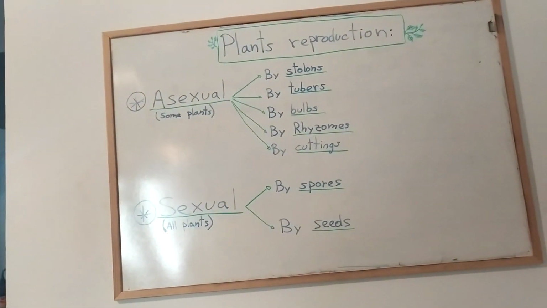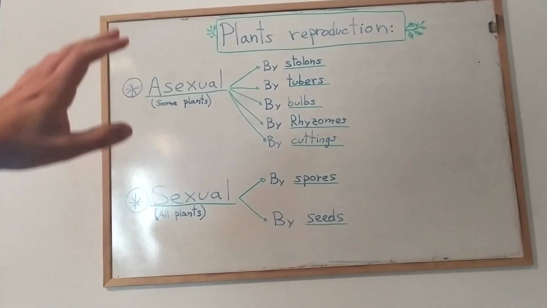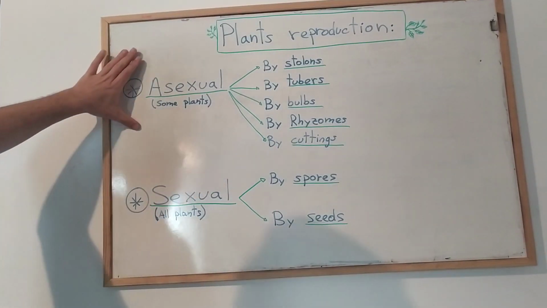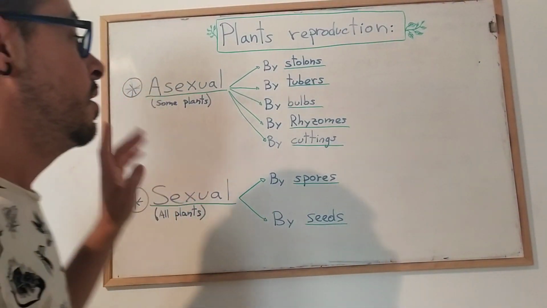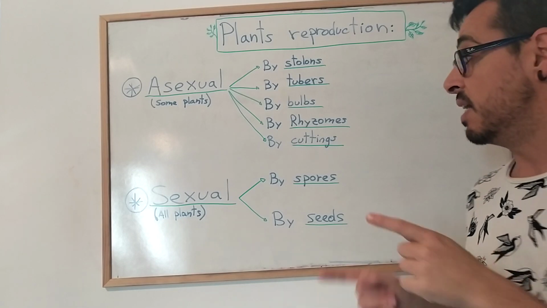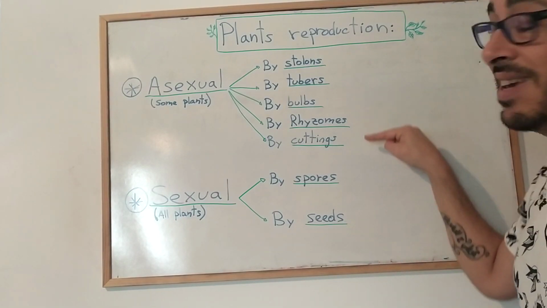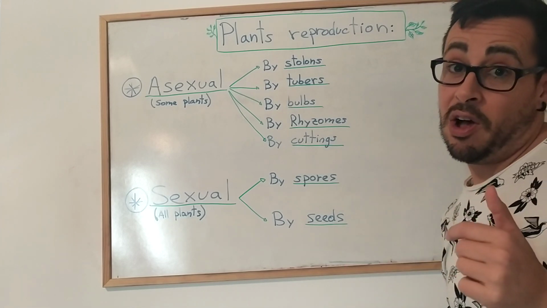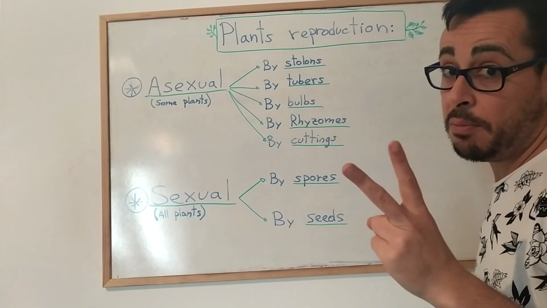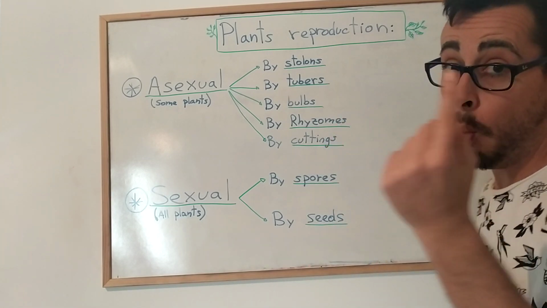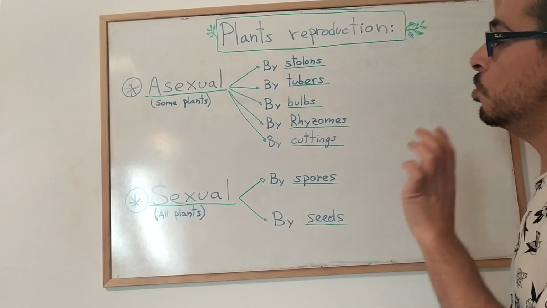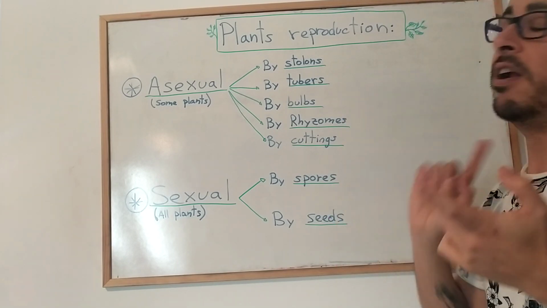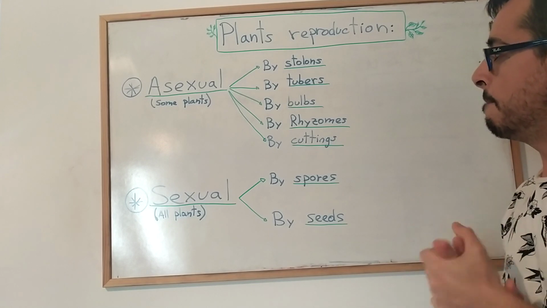So, finally, this is all about asexual reproduction, okay? You should write the definitions here, each definition, okay? And write at least 2 examples. I've given you 1 example, okay? And you should look for another example of each one.